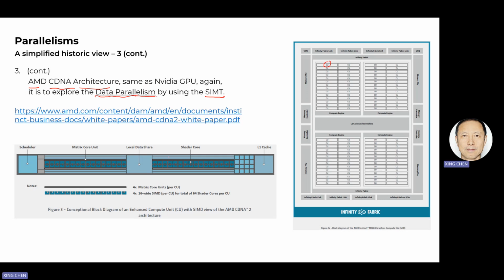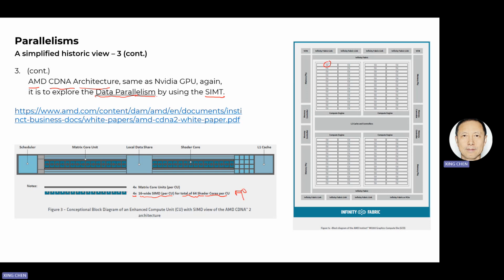Within each compute unit, for example, here you have 4 times 16 wide SIMD per CU, for a total of 64 shader cores per CU. So you have 64 shader cores per CU for floating point.